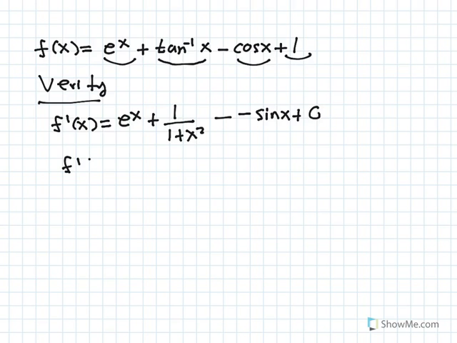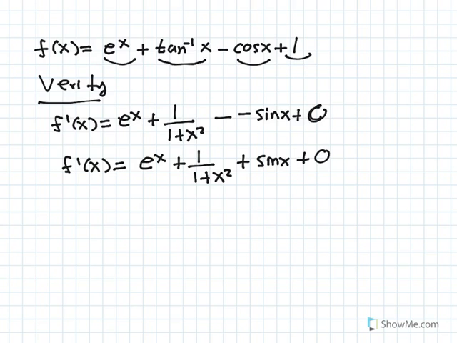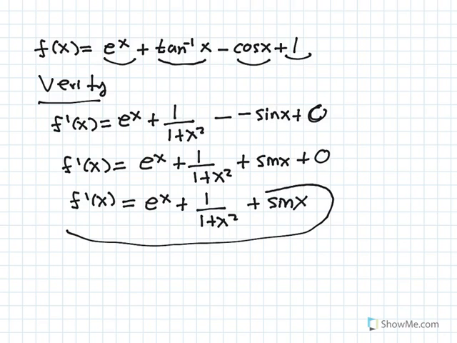So we get f prime of x is equal to e to the x plus 1 over 1 plus x squared plus sine x, plus 0. And so let's just rewrite that: f prime of x is e to the x plus 1 over 1 plus x squared plus sine x, which is what we had, which was the question that we were given. So this checks out.